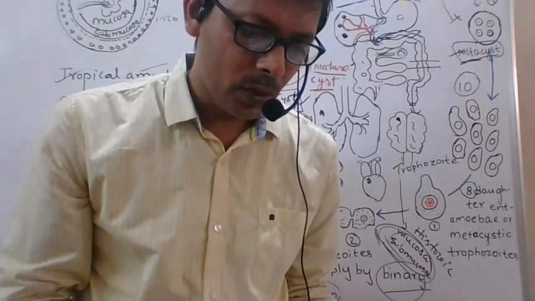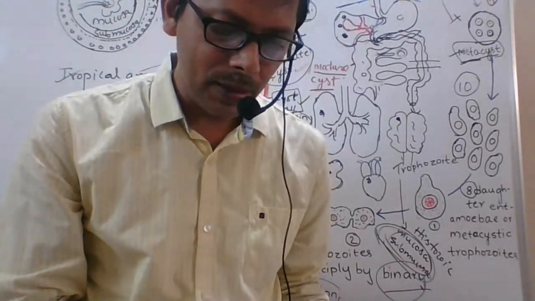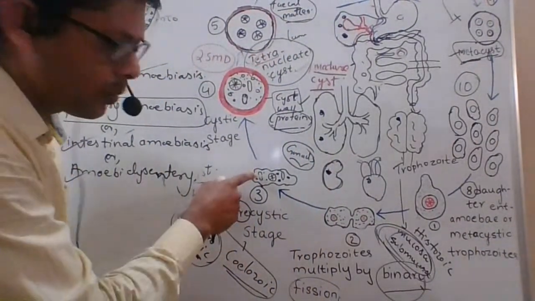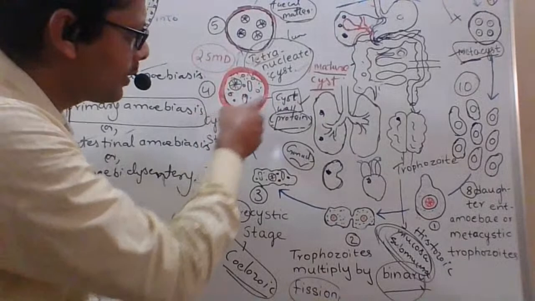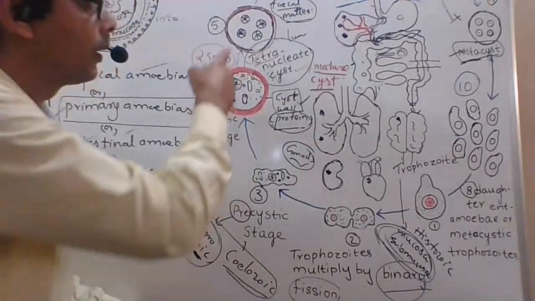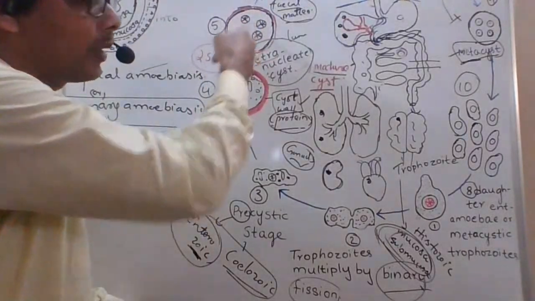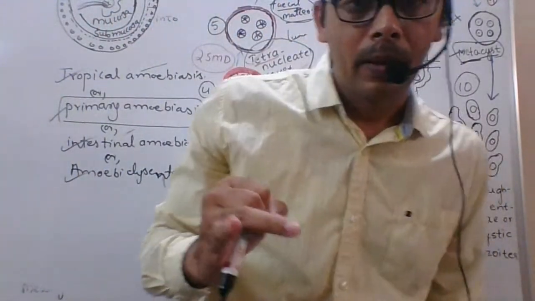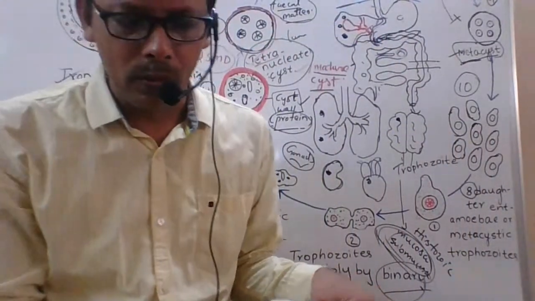In Entamoeba histolytica, soon after encystation, the nucleus undergoes. Encystation means after the formation of the cyst wall. The nucleus undergoes what? I also mentioned Virat Kohli earlier.